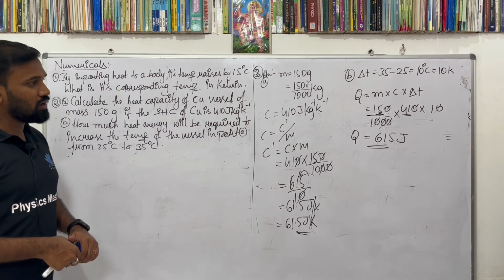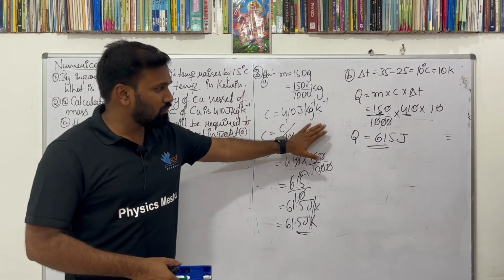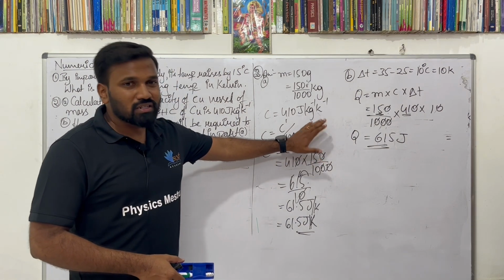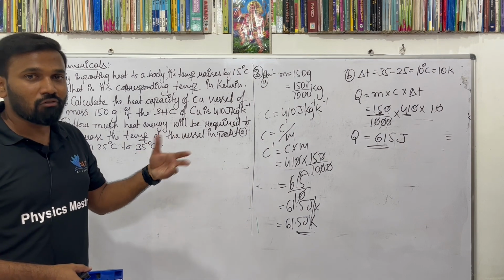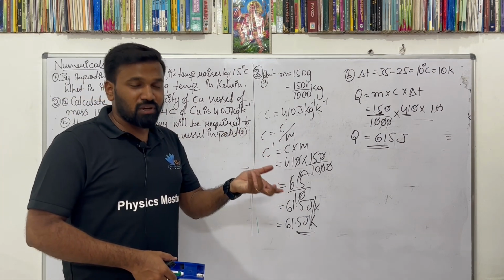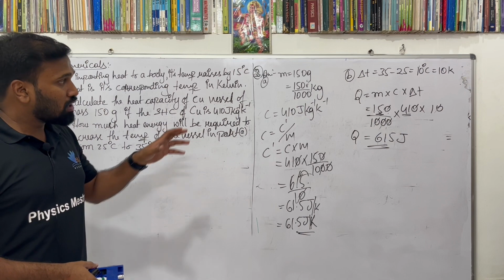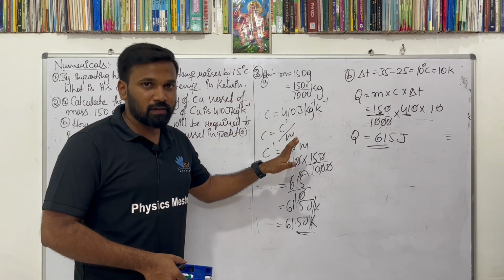Clear? I hope you understood these concepts. Very, very easy. So try to understand these things. Why? Because the problems which we solve upon the principle of method of mixtures require all these basic concepts. Clear?